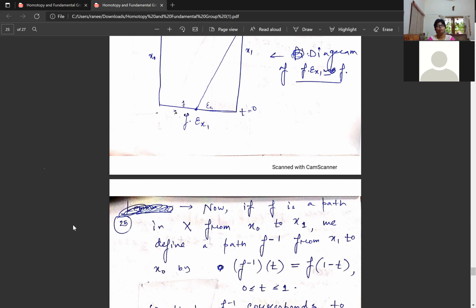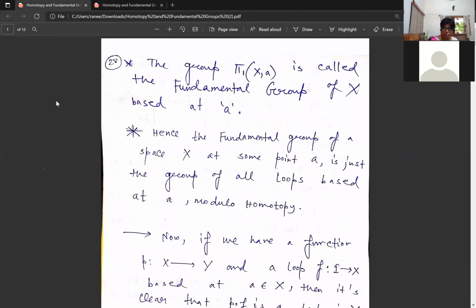Okay, so this is the end of these notes, and then I have these notes here, which are just consequences of the fundamental group. The group pi 1 of x comma a is called the fundamental group of x based at a.